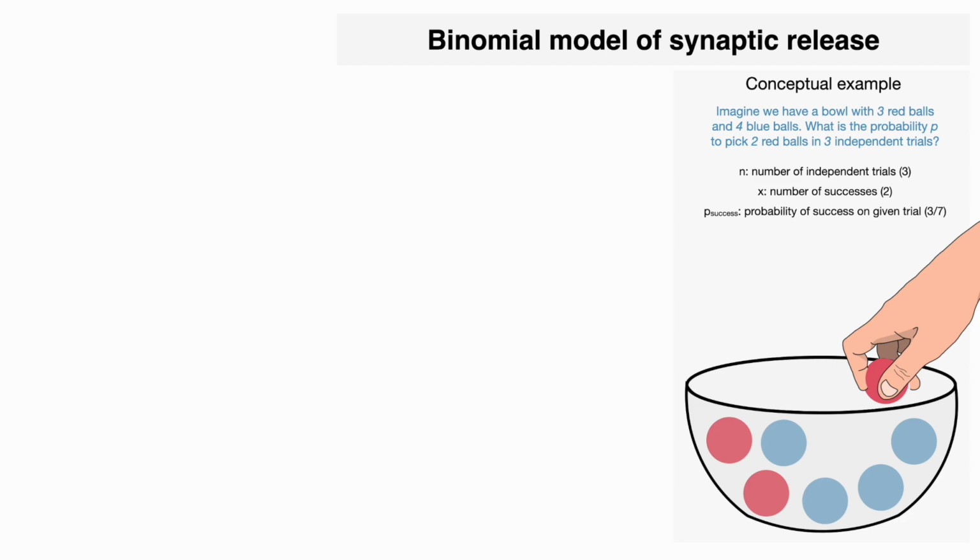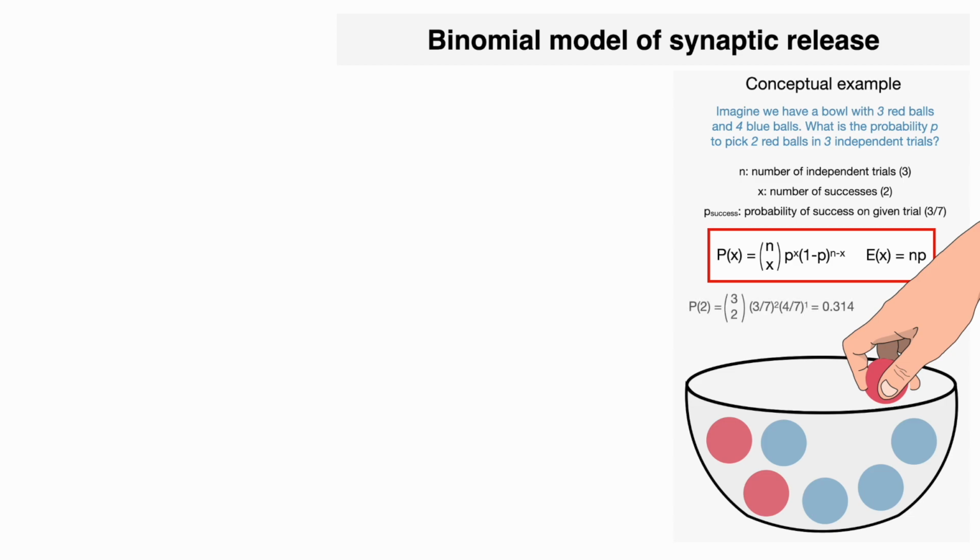This probability is known as the probability of success, and it is important that it remains constant. It turns out that we can model our variables and determine the probability of X successes in N independent trials with this equation, which represents the binomial distribution. Also, the expected value of this distribution is equal to the number of trials N times the probability P. When we apply it to our problem, we get that the probability to pick 2 red balls out of 3 trials is about 30%, and that we expect a value of about 1.29.